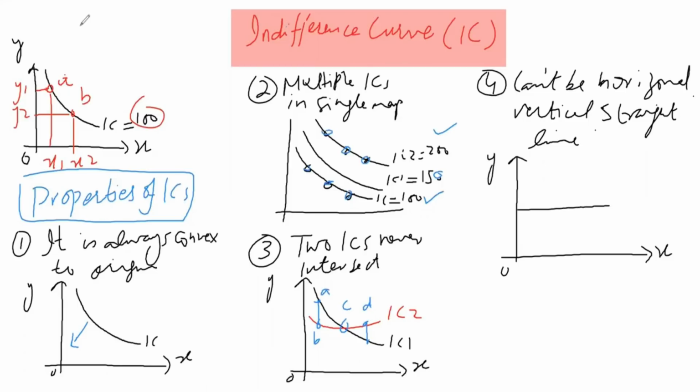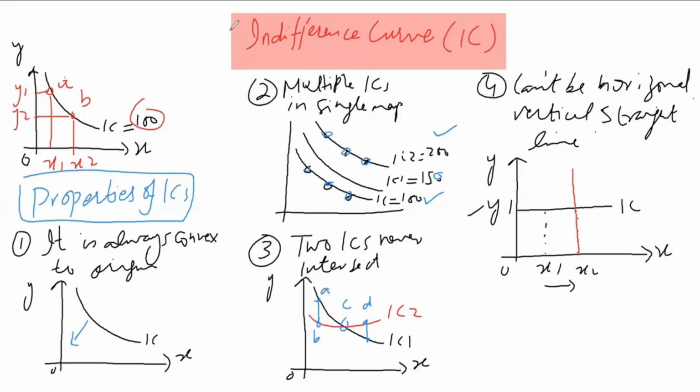Why can it not be a horizontal straight line? Let's have a look at this graph. We plot X and Y, and the IC curve, if it is horizontal, then it will look like this. So this IC curve shows that if the consumer purchases Y1 quantity of Y good, then he can purchase X1 quantity of X good, or he can purchase X2 quantity of X good, which is against the basic property that whenever the consumer purchases more quantity of one good, he has to reduce some quantity of the other good.